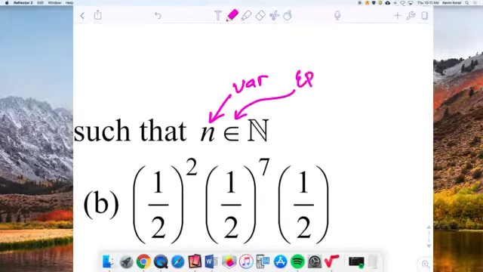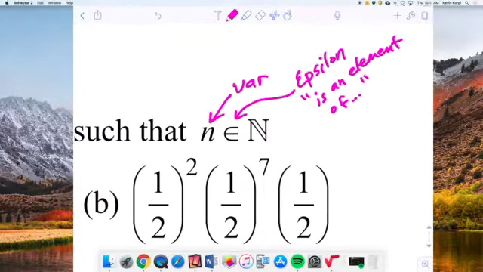It's the Greek letter epsilon, but it means is an element or member of. It's in the group of, and then this symbol here is one of your primary number groups. You have real numbers, whole numbers, integers, rational numbers. These are the natural numbers.